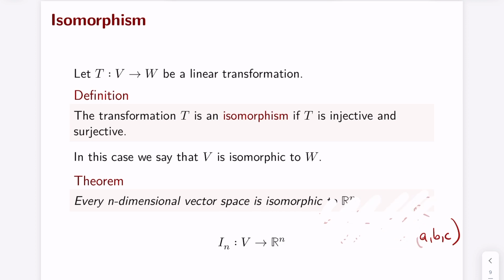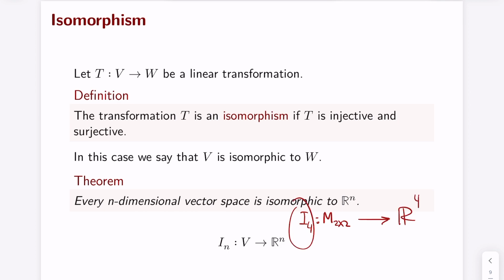And we can also think of other vector spaces we know. For instance, let's consider the 2 by 2 matrices. We know that this is a space of dimension 4. So the isomorphism, let's call it I4, goes from the space of 2 by 2 matrices to R4, right?